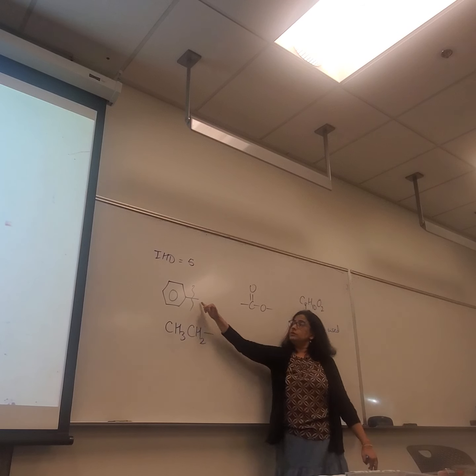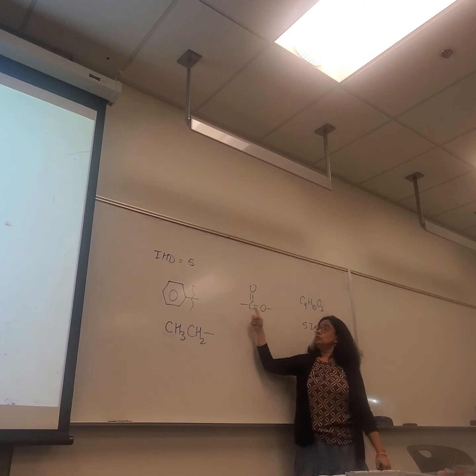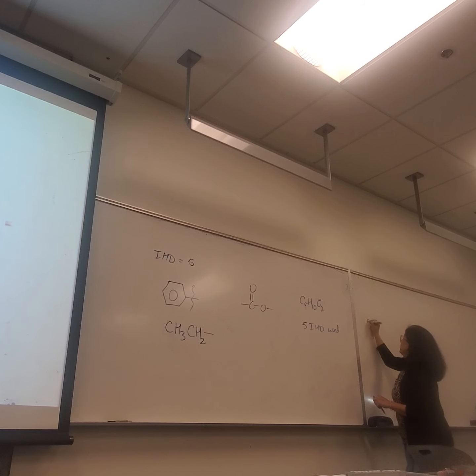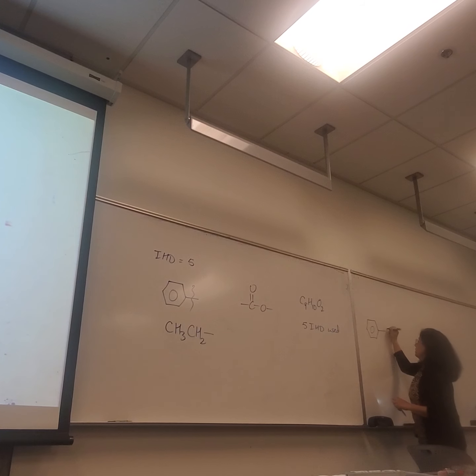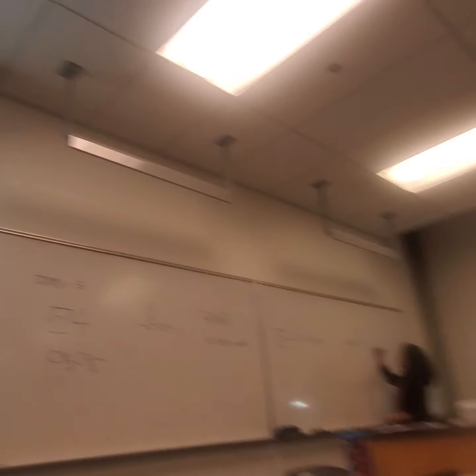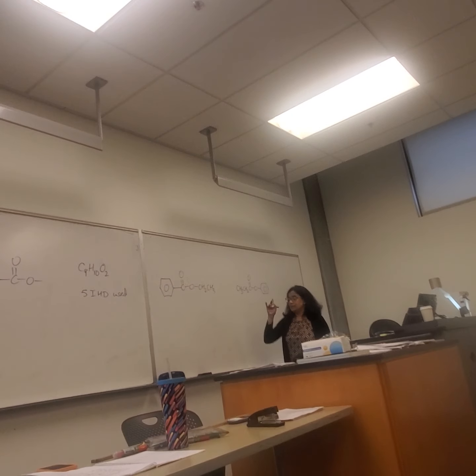See, that has 1 open spot, but this has 2 open spots, right? So maybe benzene goes here and ethyl goes there. That's one possibility. Can't we switch? Can't ethyl go here and benzene go there? Yes. How would we tell the difference?